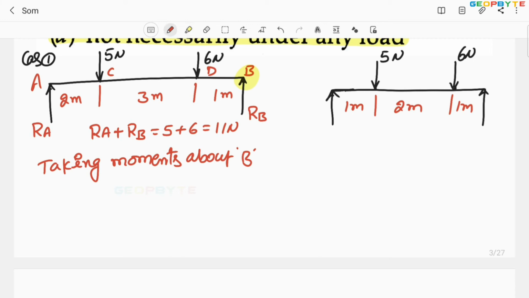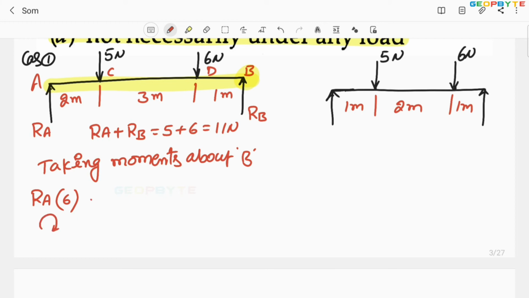With respect to that, the moment due to RA is RA into the distance up to B, that is 2 plus 3 plus 1, 6.